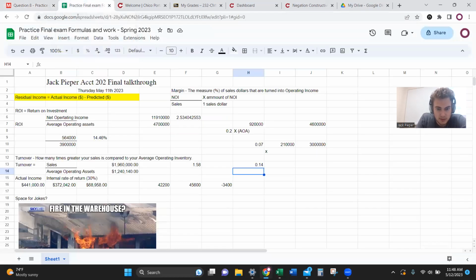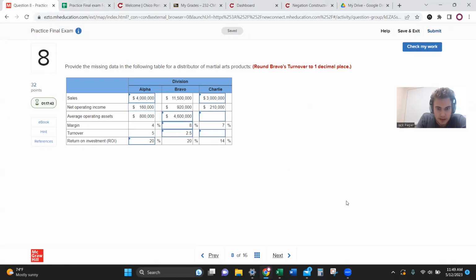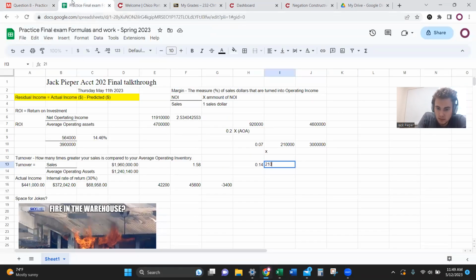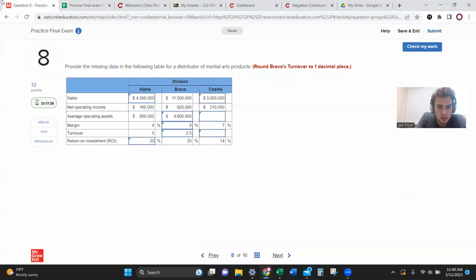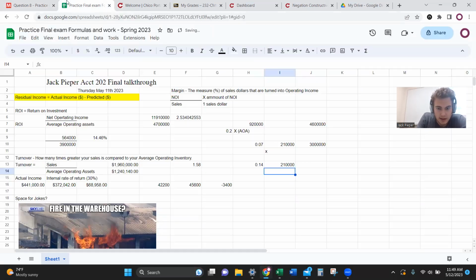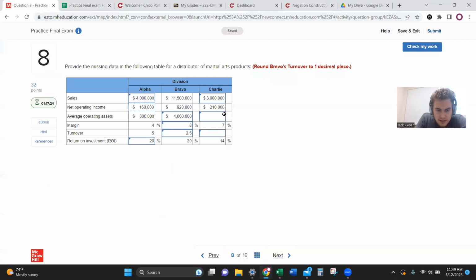So whatever we got here, 210 divided by 0.14, that's 1,500,000. Okay, and if our average operating assets were half of our sales, that means that our turnover is 2.